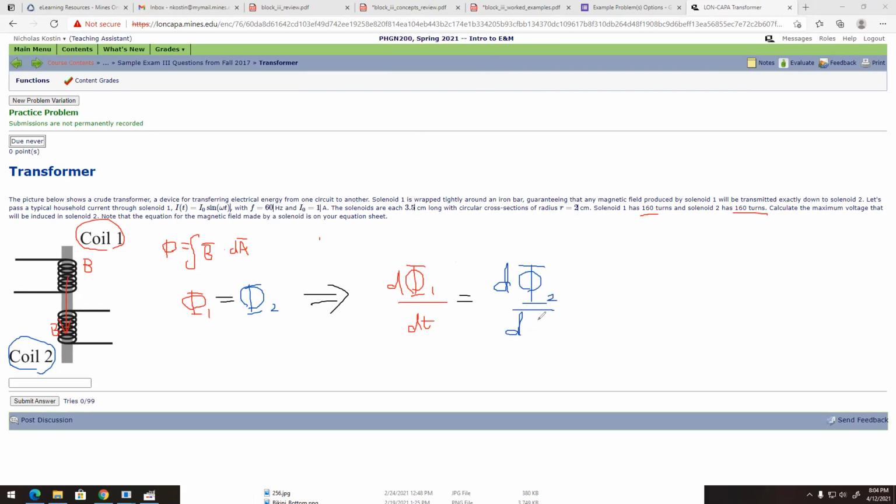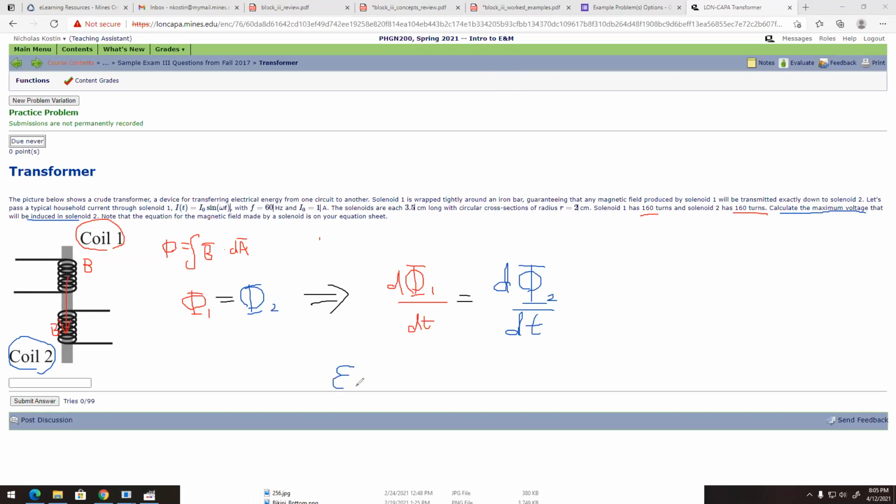So what does that do for us? Well, first off, we want to calculate the maximum voltage that will be induced on solenoid 2. And wait, solenoid 2 was the blue one, my bad. Undo that. Let's go here.